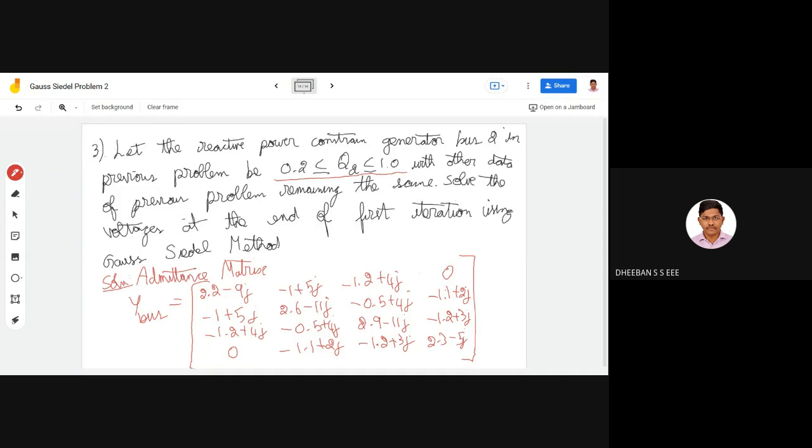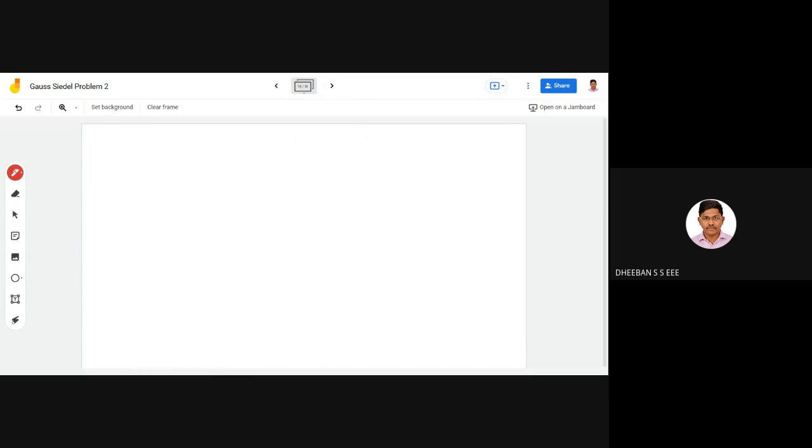The Y bus that we formed in the previous case, you can consider the same Y bus. After that, we'll move towards your first iteration. In the first iteration, your slack bus is your first bus, so V1 will be 1.06 at an angle 0.0, so j0.0 per unit.